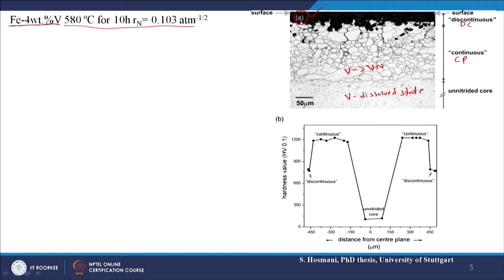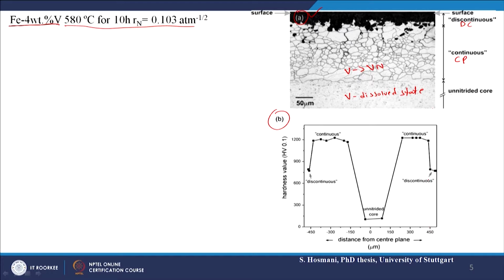Okay. Now, if you look at this picture B, below this micrograph, is the level of hardness as a function of distance away from the center of the sample. For example, this is the surface of the sample and you are going into the center, or this is the center of the sample, I can go to the positive side or negative side to reach the surface.